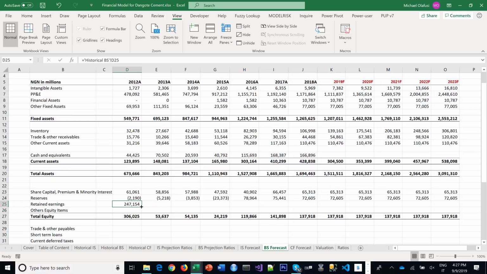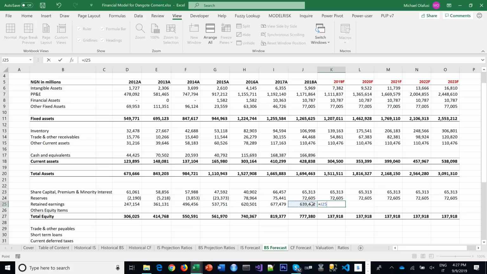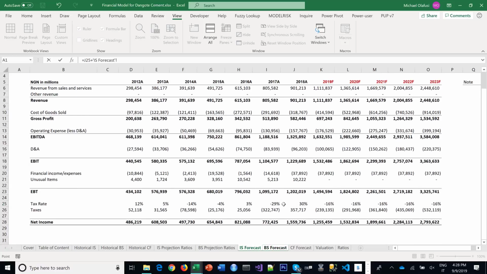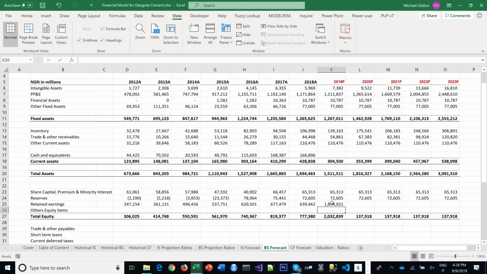I drag up to the actual, but then for the forecast, I will need to compute it. So retained earning is last year's retained earning plus net profit for that year. So net profit for this year. Okay, so that's I drag into the future.